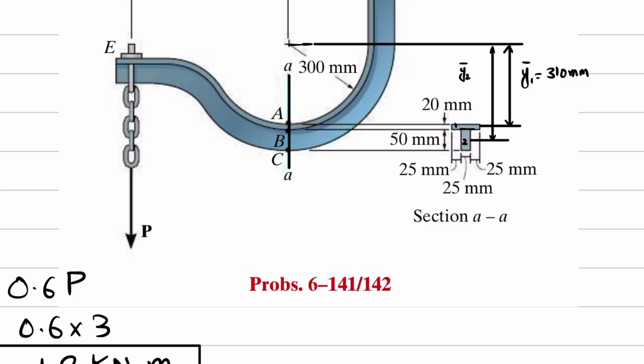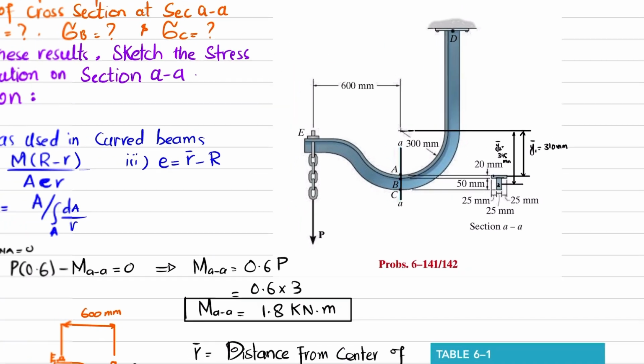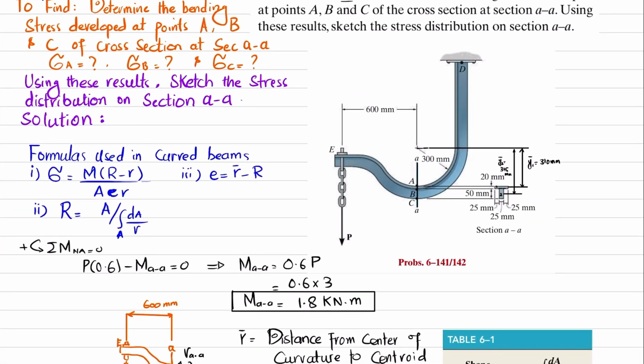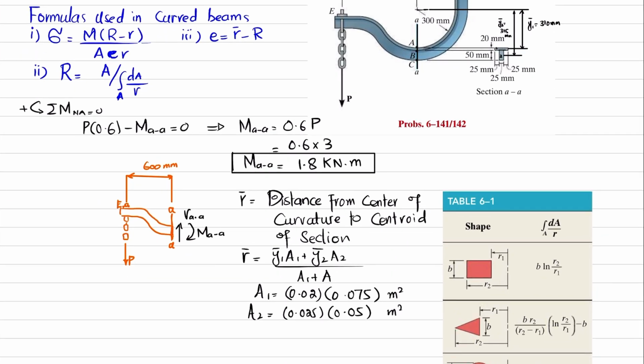So I will write Y2 dash is equal to 345 millimeter. So I will write them downward. Clear? Okay. So Y1 dash is equal to 0.310 meter and Y2 dash is equal to 0.345 meter.